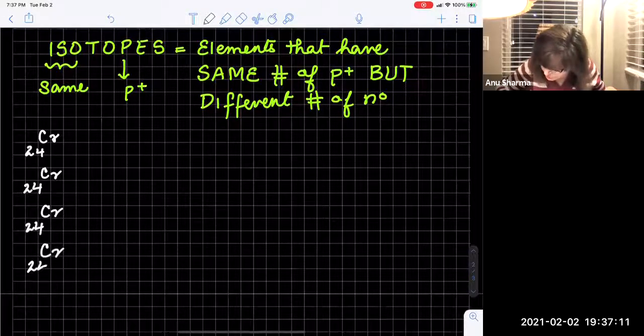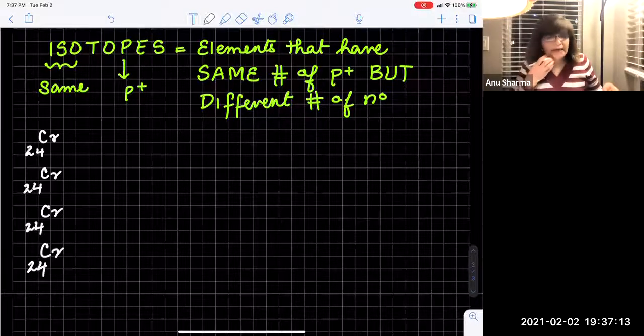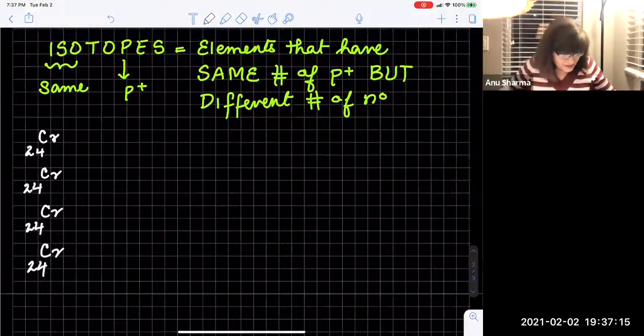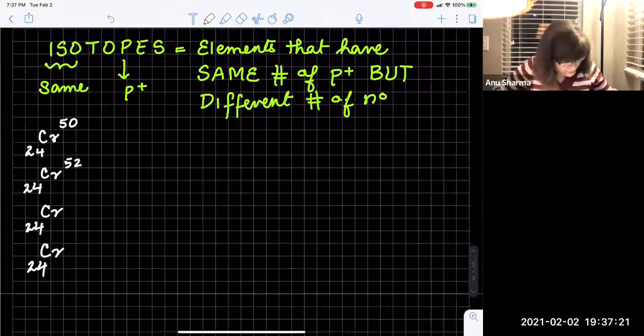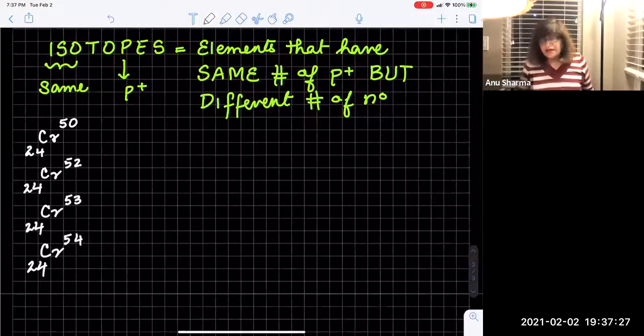As far as there are 24, that's chromium, and that's fine. But there is chromium 50, there's chromium 52, there's chromium 53, and there's chromium 54. So you see that yes, the atomic numbers, all of them.